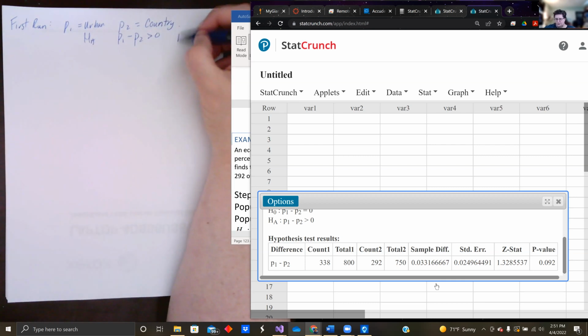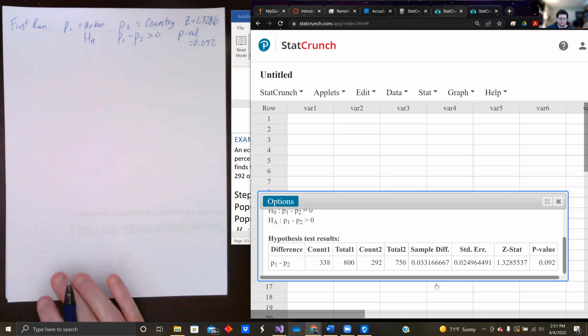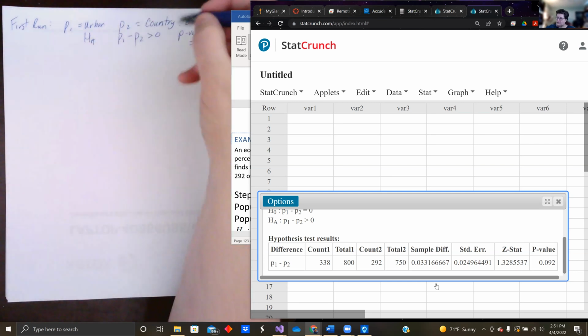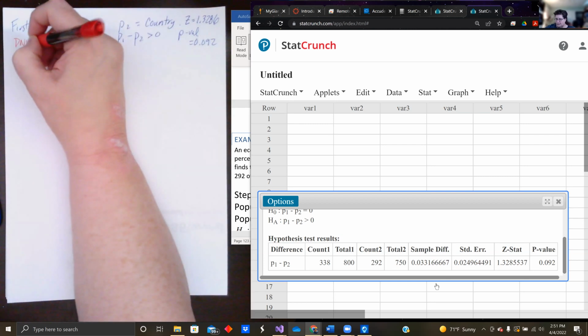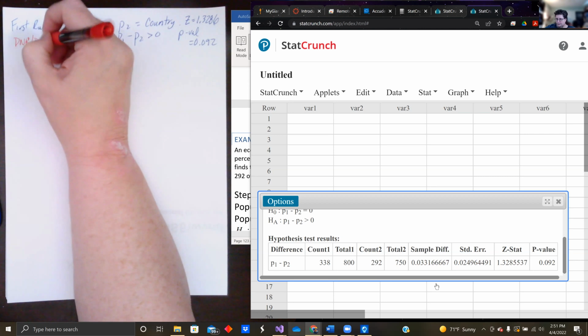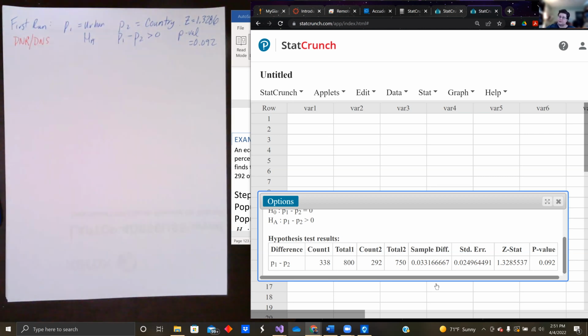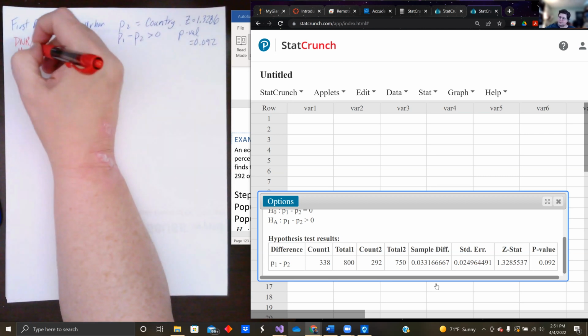And my p-value was 0.092. And my z-stat is 1.3286. And we went with DNR. Do not reject, do not support. Do not reject H0, do not support HA.